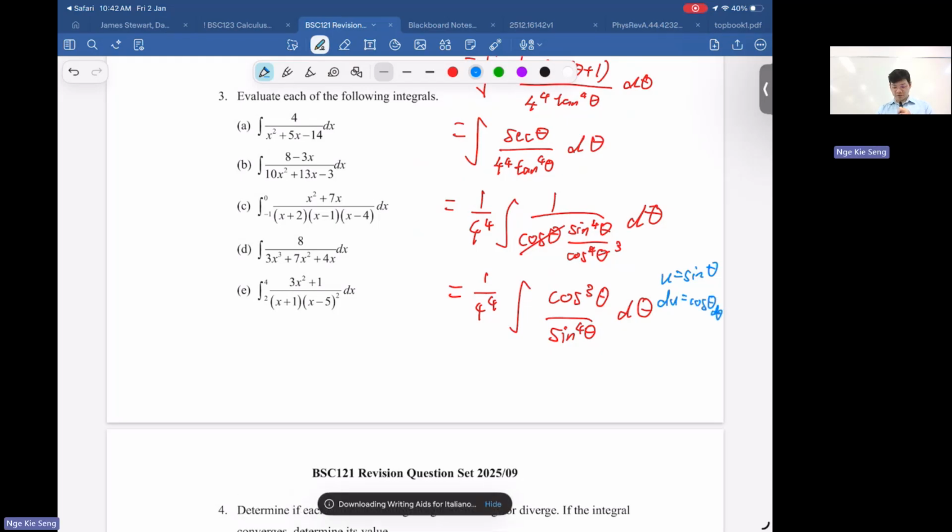Okay. So let's see why it works. I mean, we just try and error first. So we get u to the 4 at the bottom. At the top, one of the cos theta will be absorbed to give you du, but you still have cos square theta.